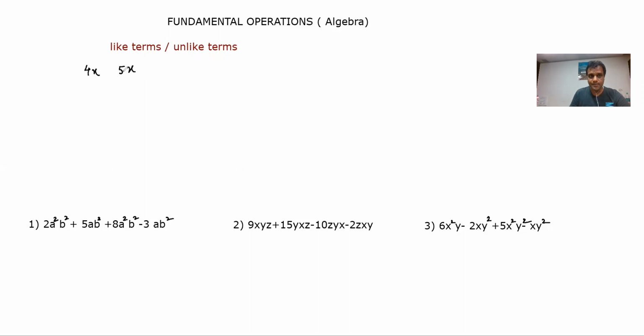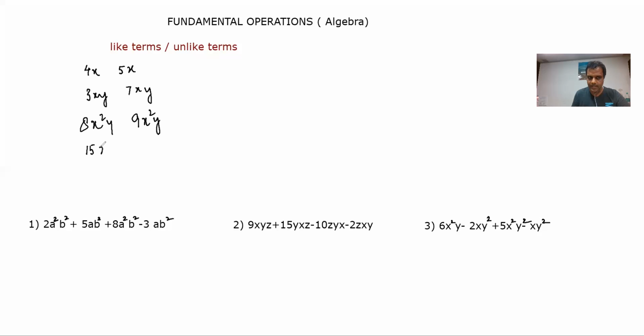These are like terms. 3xy, 7xy. These are like terms. 8x square y, 9x square y. Just note the similarity and then I'll explain.